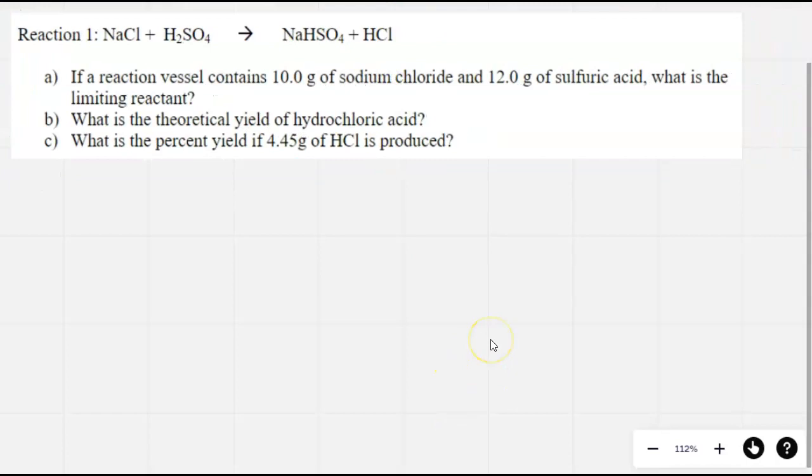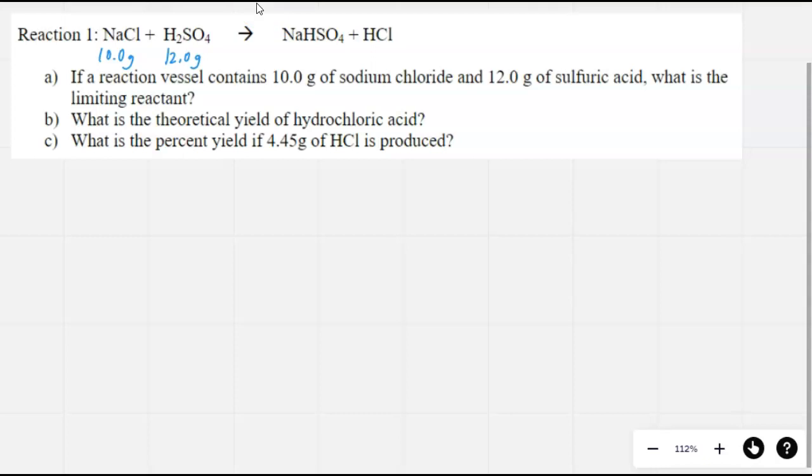So we have NaCl and H2SO4 gives me NaHSO4 and HCl. It is balanced. So we have 10 grams of sodium chloride and 12 grams of sulfuric acid. So it's going to look like this, 10.0 grams, 12.0 grams. So I combine those. I need to figure out which one is the limiting reactant.